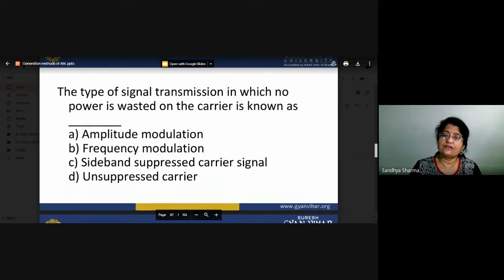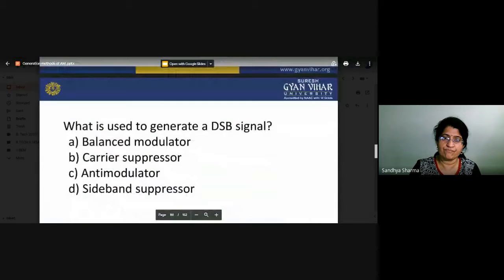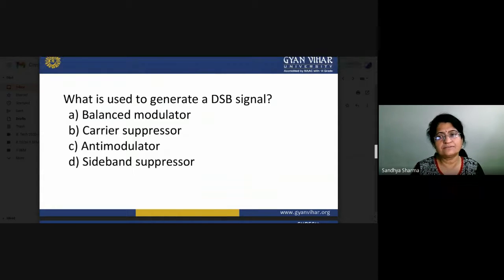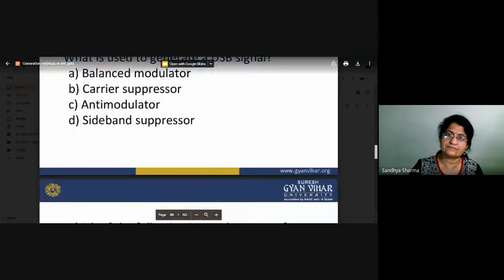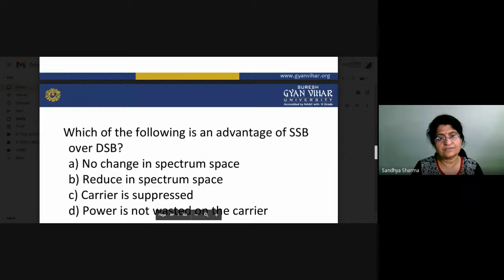If no power is wasted, we have to move to the suppressed carrier DSB-SC signal. What are the basic components required for transmission of a double sideband signal? You may also have to calculate it. What is the advantage of SSB over DSB?